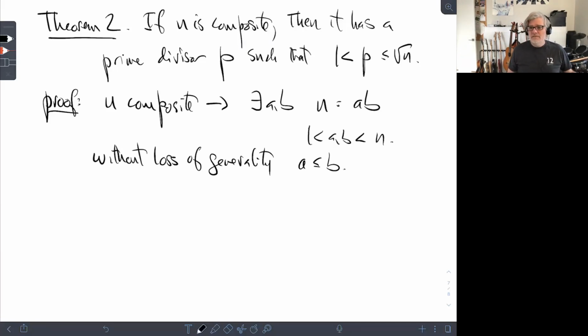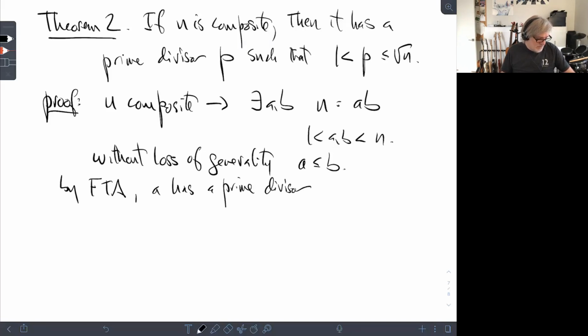Now a has a prime divisor. By the fundamental theorem, every number can be written as a product of primes. It might be prime itself, but it certainly has a prime divisor. So by the fundamental theorem of arithmetic, a has a prime divisor p. And this is the prime I want, or any such prime will work.